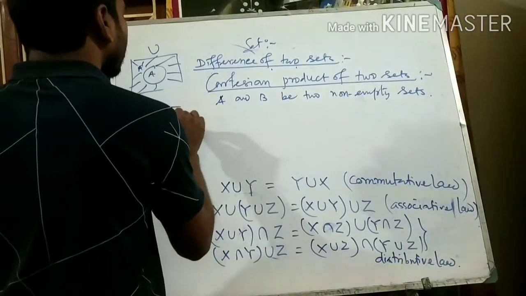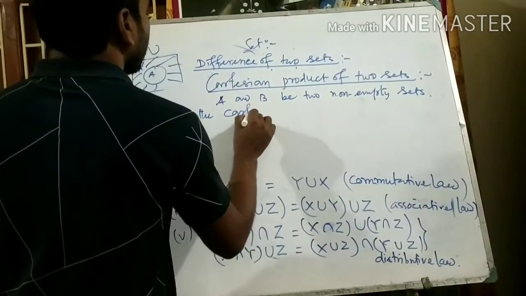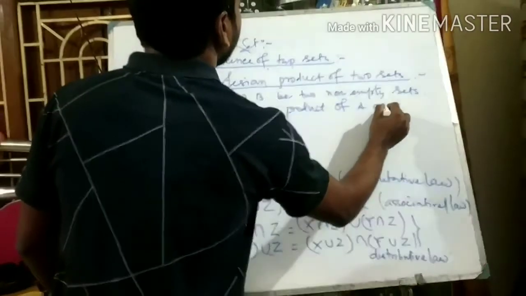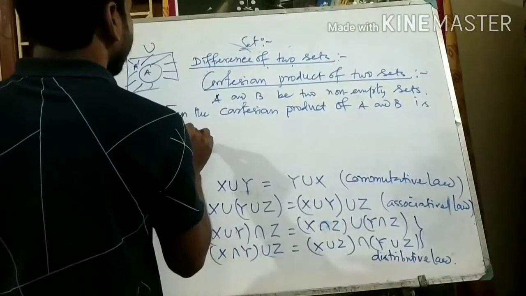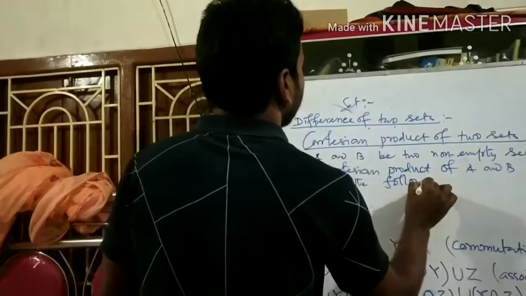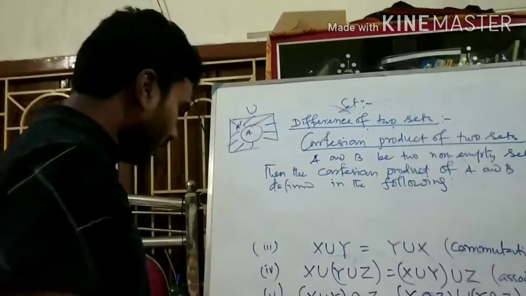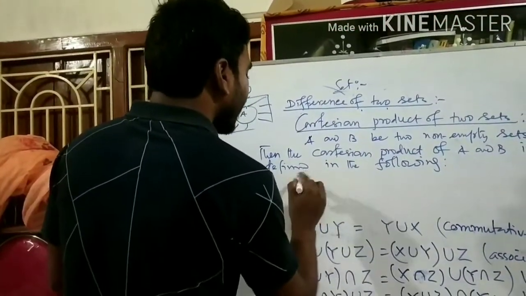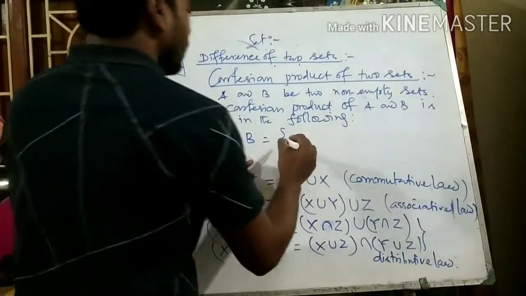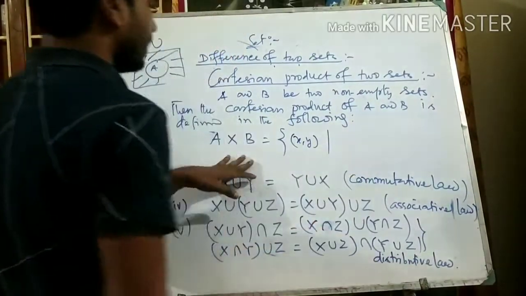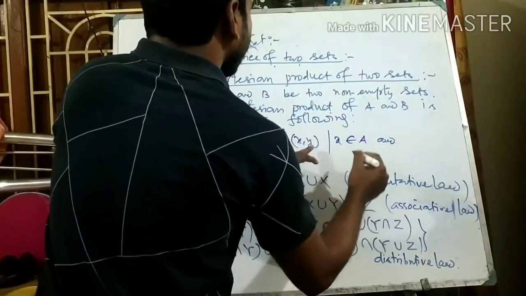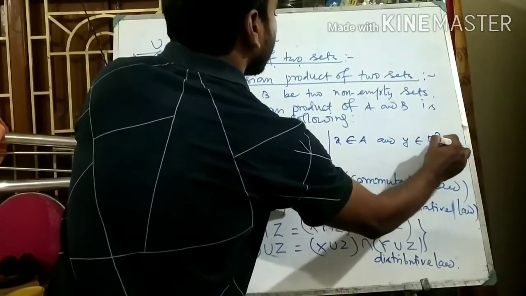Then the Cartesian product of A and B, denoted by A cross B, is another set, and the elements of that set will be of the form x comma y such that the first component x comes from the first set A and the second component y comes from the set B.